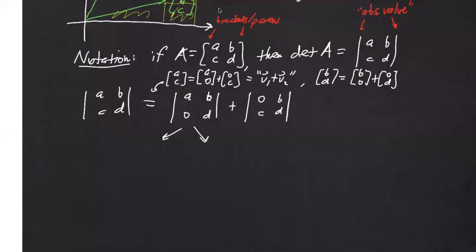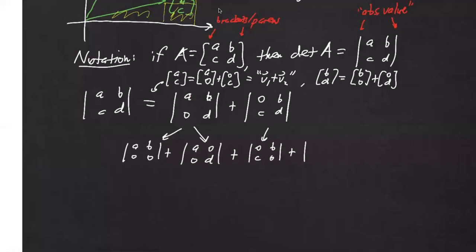So I could think of this as A0, B0 plus A0, 0D plus 0C, B0 plus 0C, 0D. Now this is interesting because these two have a 0 row.